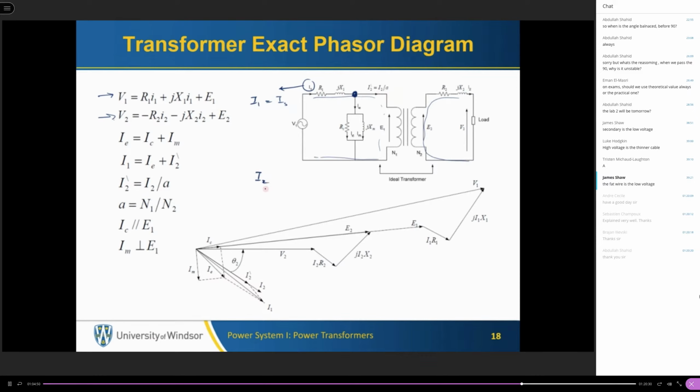So if you remember, I1 over I2 of the ideal transformer is equal to N2 over N1, or 1 over A. So I2 dash, the current seen here, is I2 over A. This is what you see here.